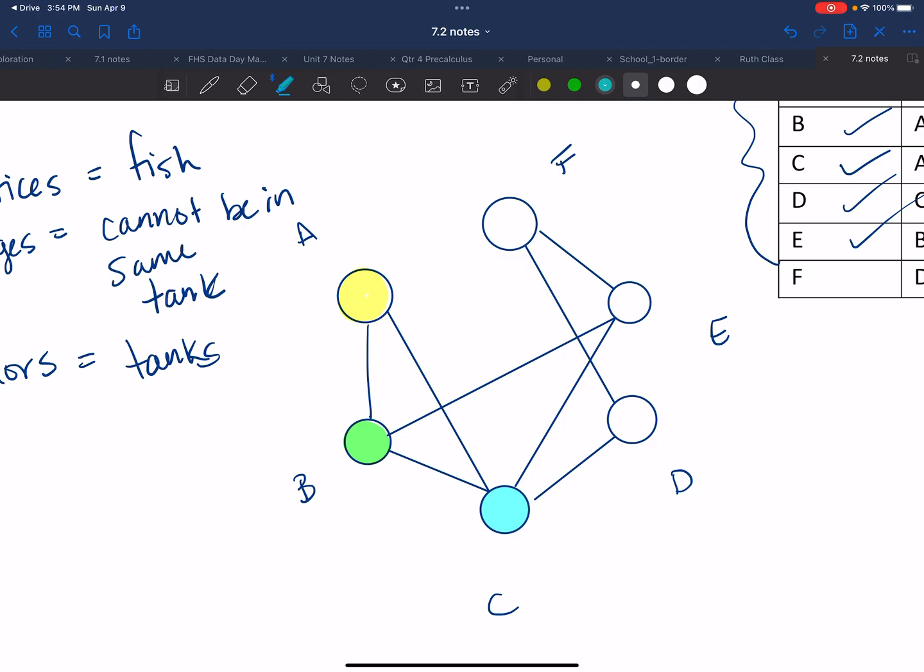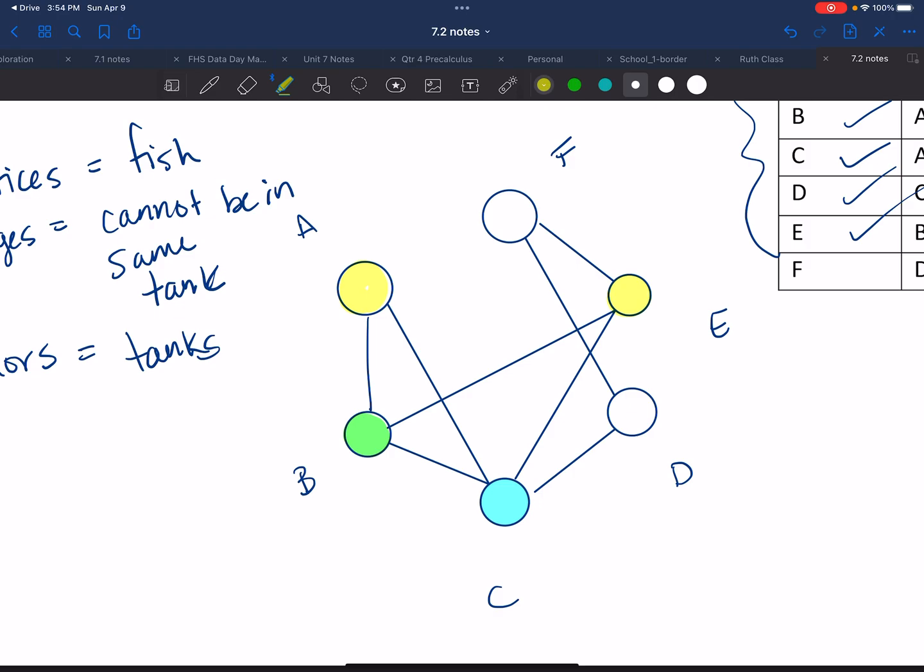Let's see here. I'm going to go ahead and skip over to this one because it's already connected to a green and a blue. It is not connected to a yellow, so I'm going to go ahead and put a yellow in there. And then we have this one connected to a blue, and that's all it's connected to other than this one.